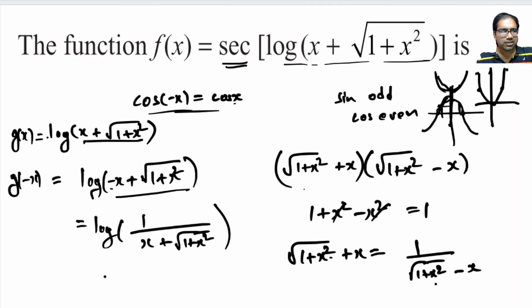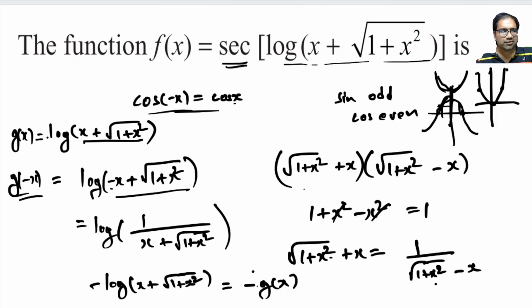Which is nothing but log of x plus under root 1 plus x square whole power minus 1. This is nothing but minus of log of this thing, which is nothing but minus of g of x.